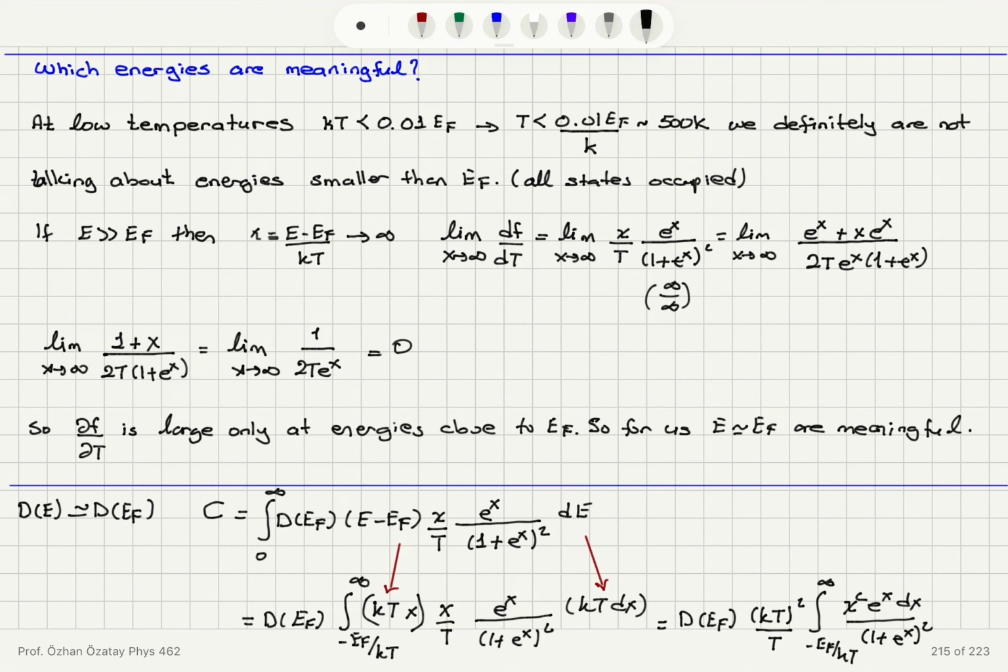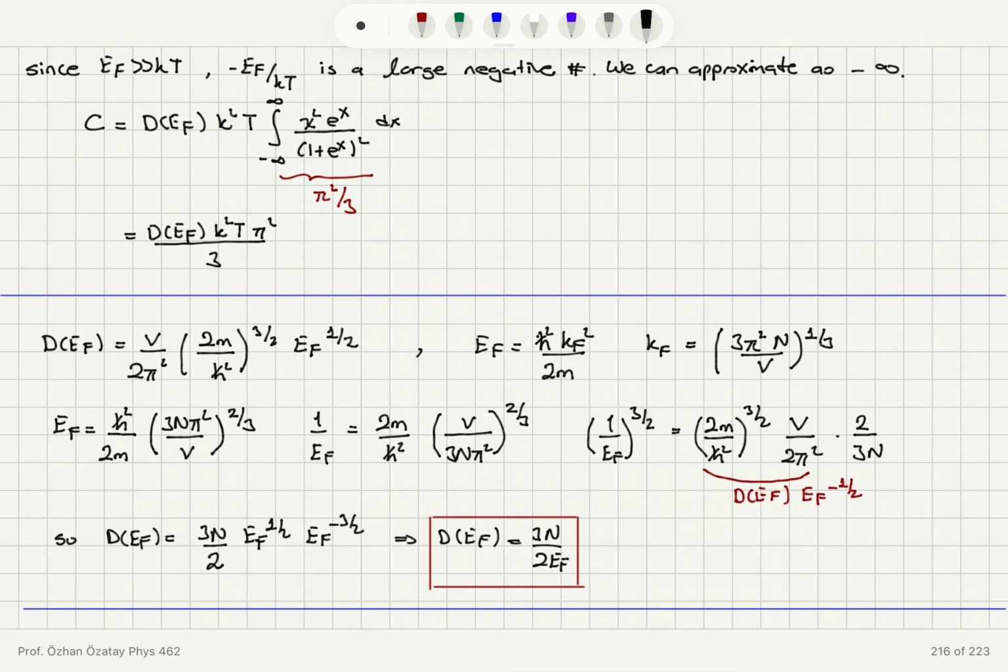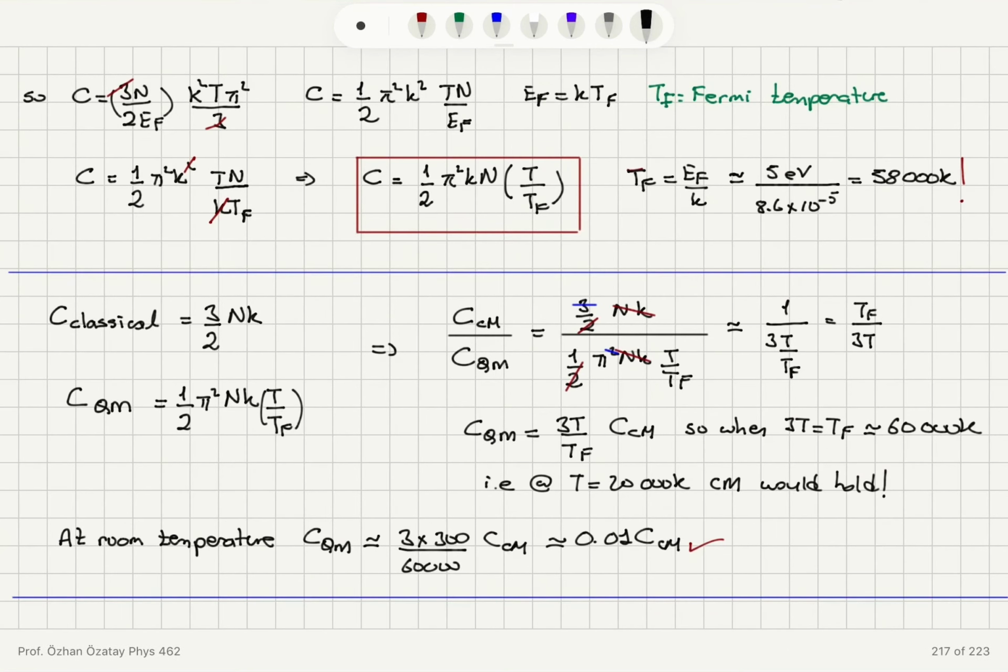We have performed the integral from minus infinity to plus infinity because the lower limit, minus E_F over kT, is a large negative number. We have found an approximate answer, density of states at the Fermi level, k² T π² over 3. We have evaluated the density of states at the Fermi level from our previous results. We found 3N over 2E_Fermi.